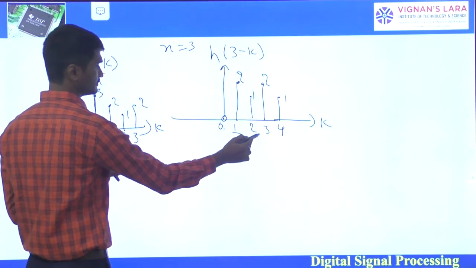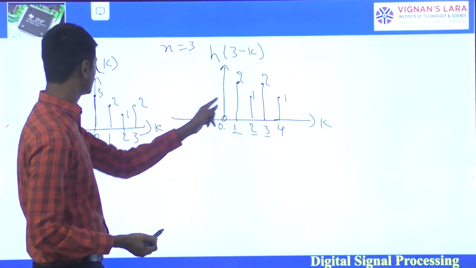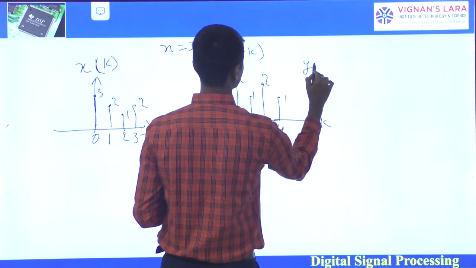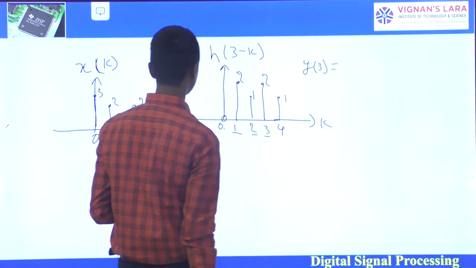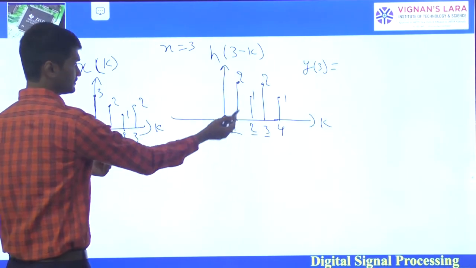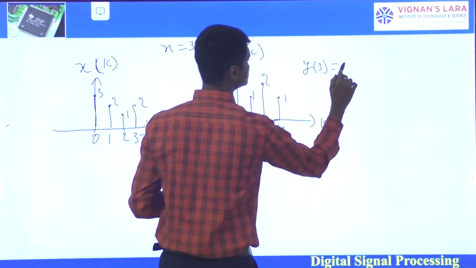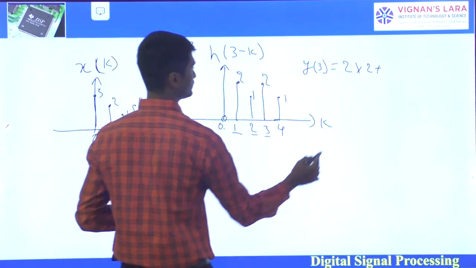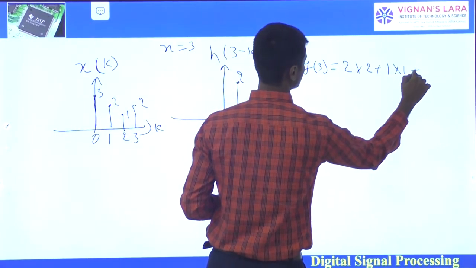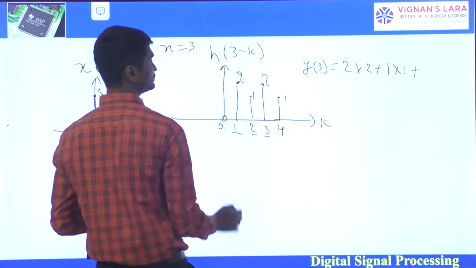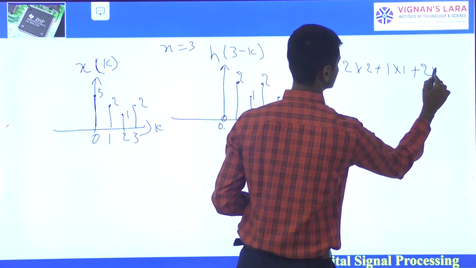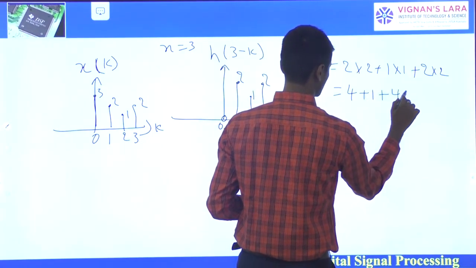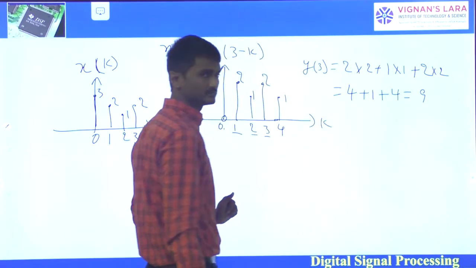So these three positions are there. So y of 3 is equal to 2 into 2 plus 1 into 1 plus 2 into 2. It is 4 plus 1 plus 4 equals 9.